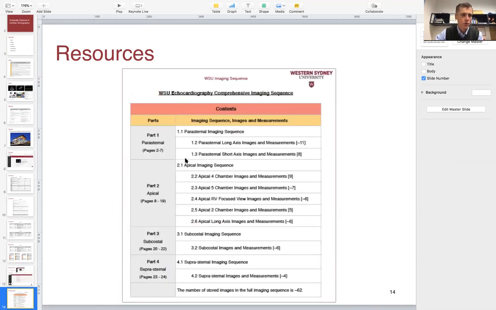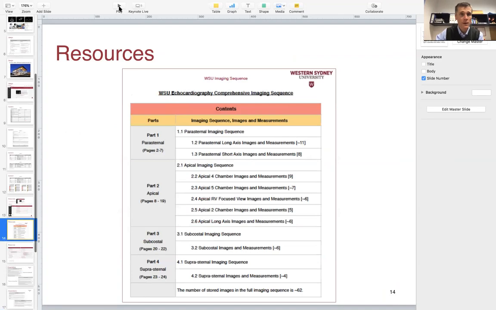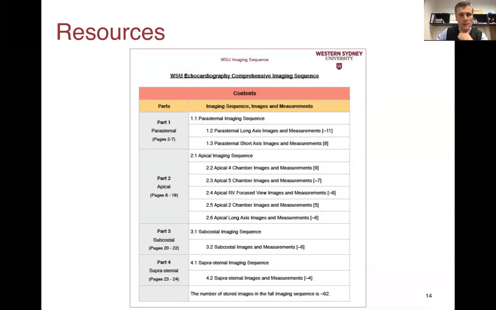Now, I'm sure you are all quite familiar with it, but the imaging sequence, if you haven't downloaded, I strongly encourage you to download it, print it if you like. Like me, you like printed things, and get used to using that to guide your imaging sequence.